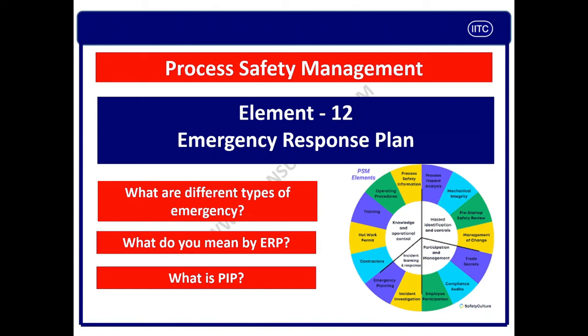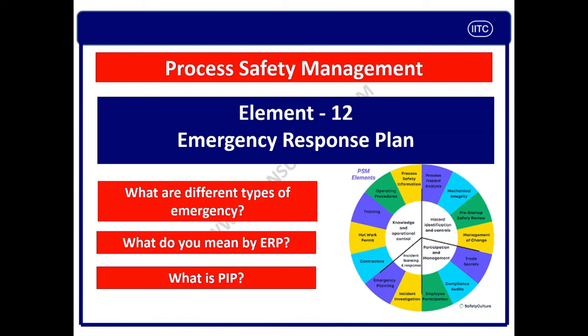You will find what the different types of emergencies are. See, in PSM we will talk only about PSM-related emergencies. There are many more emergencies like natural calamities, falls from height, occupational injury, occupational hazards, and other cases. So to understand clear-cut information related to the emergency response plan, you need to go through my 15 minute video on emergency response plan.